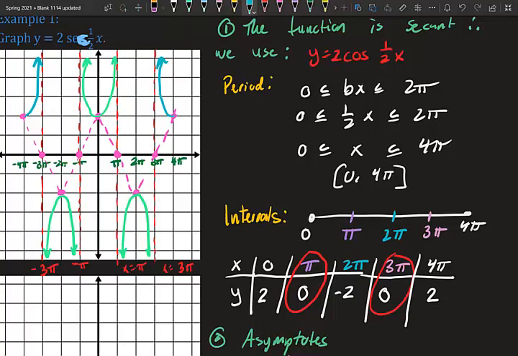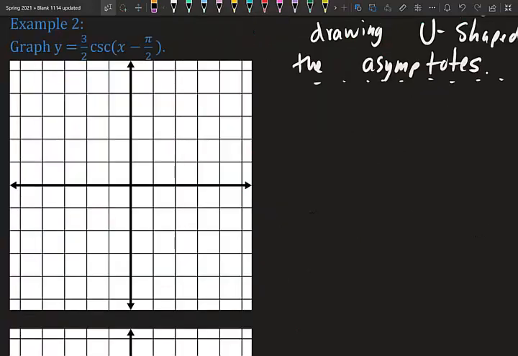So graphing secant and cosecant, it's the same situation. You're just going to graph the reciprocal functions of them. Let's try that again for example 2. Alright, example 2. So we have y equals 3/2 cosecant of x minus pi over 2. So our first step is actually to use the original function of that.